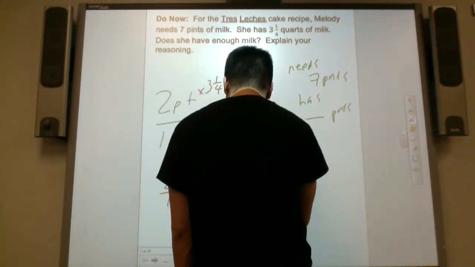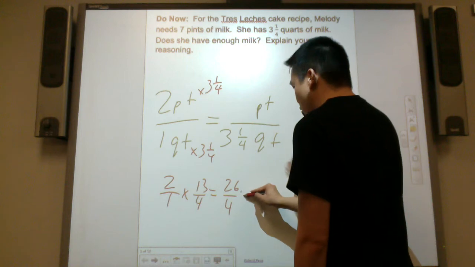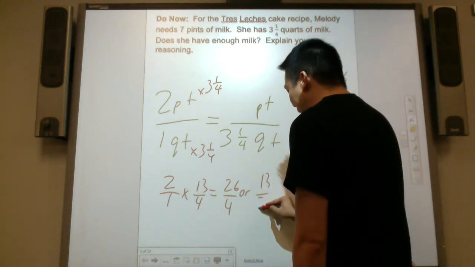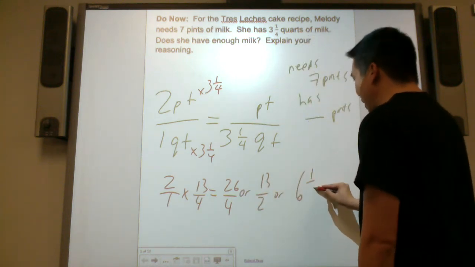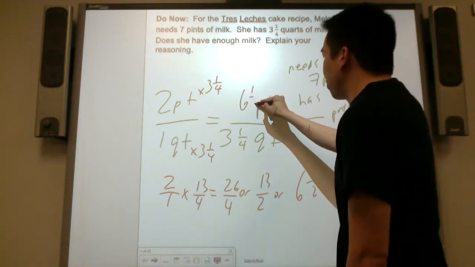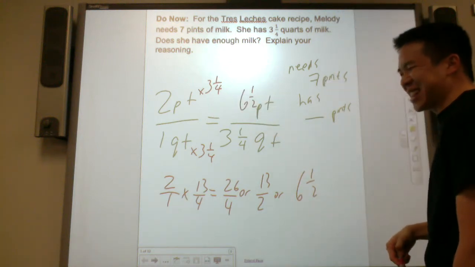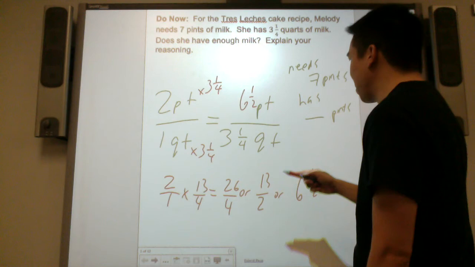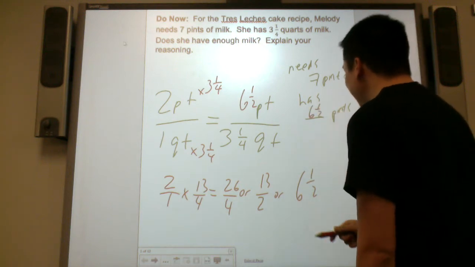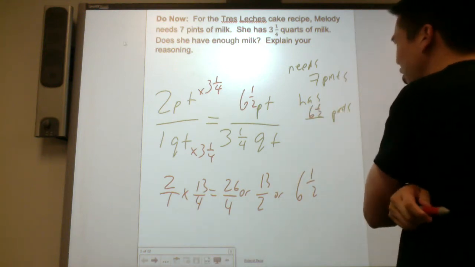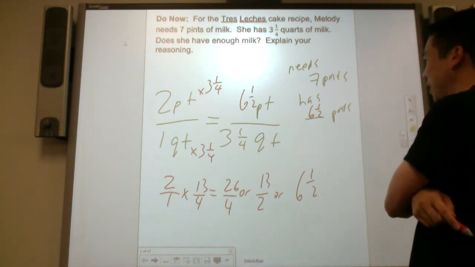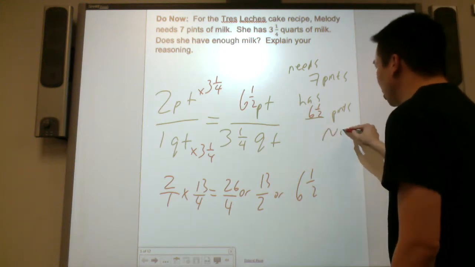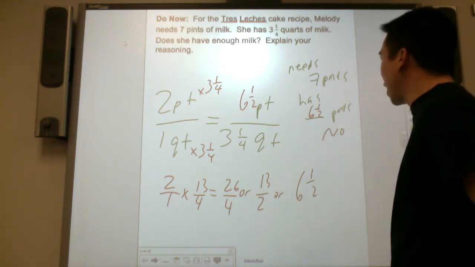If you multiply this, you get 26 fourths, which simplifies to 13 halves, or 6 1/2. So 3 1/4 quarts is the same as 6 1/2 pints. She needs 7 pints to make the recipe, but she only has 6 1/2 pints. Does she have enough milk? No. She is short by half a pint.